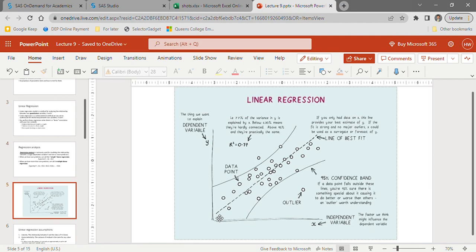Now as you see height increase and weight increase, you'll notice that there's this relationship right here. And then this line is called the line of best fit, right? The line of best fit, if you only had data in x, this would provide your best estimate of y. Okay, so this line goes exactly through the very middle of all of these points right over here.